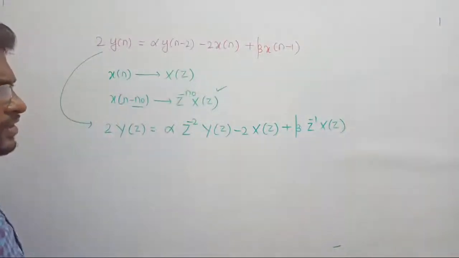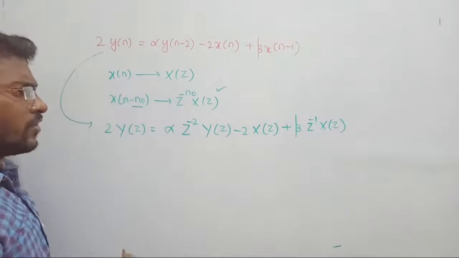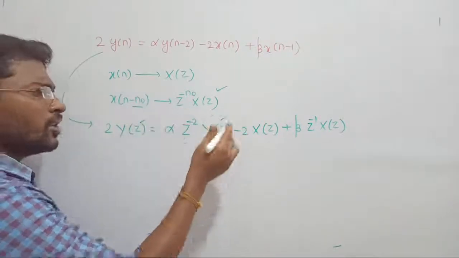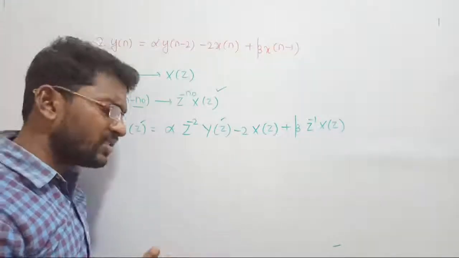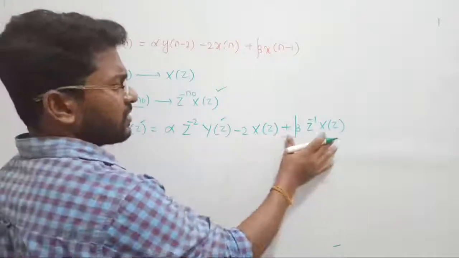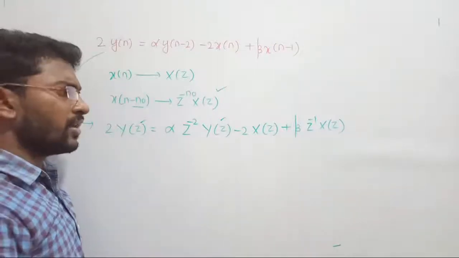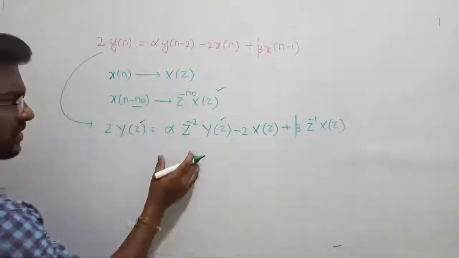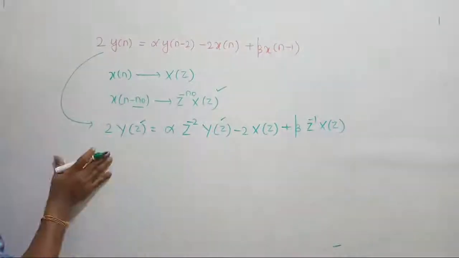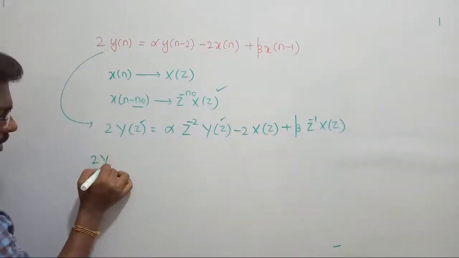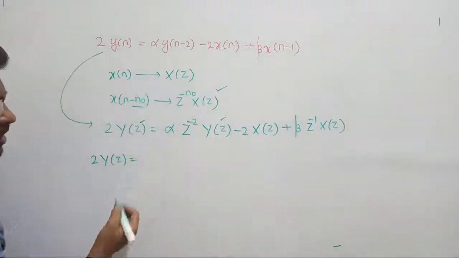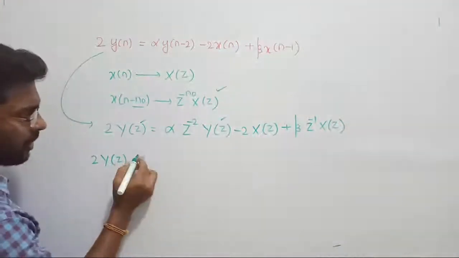Shall we reduce this function further? Did you notice these things carefully? Y of z is usually the output of the function and x of z is usually the input of the function, right? Let us bring this to the left hand side and club these terms together.